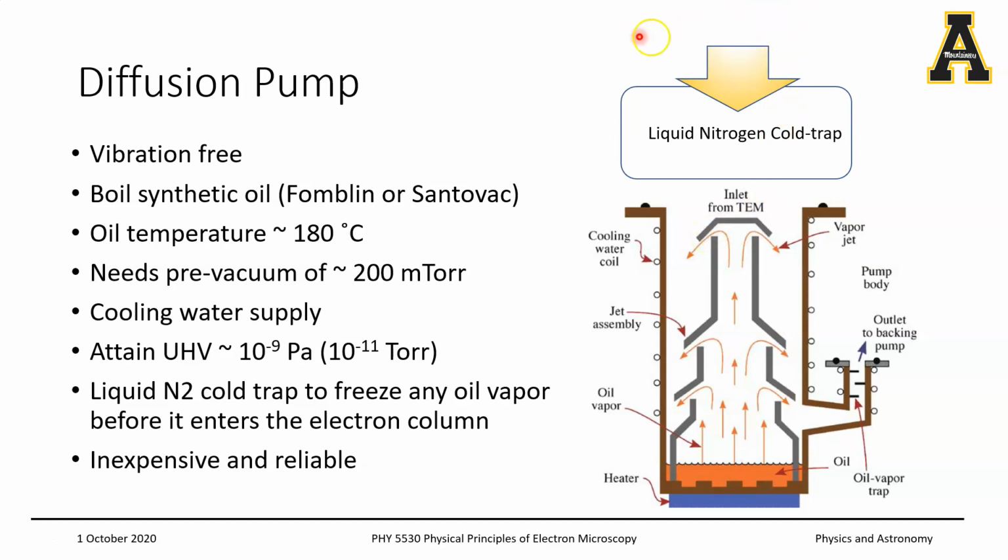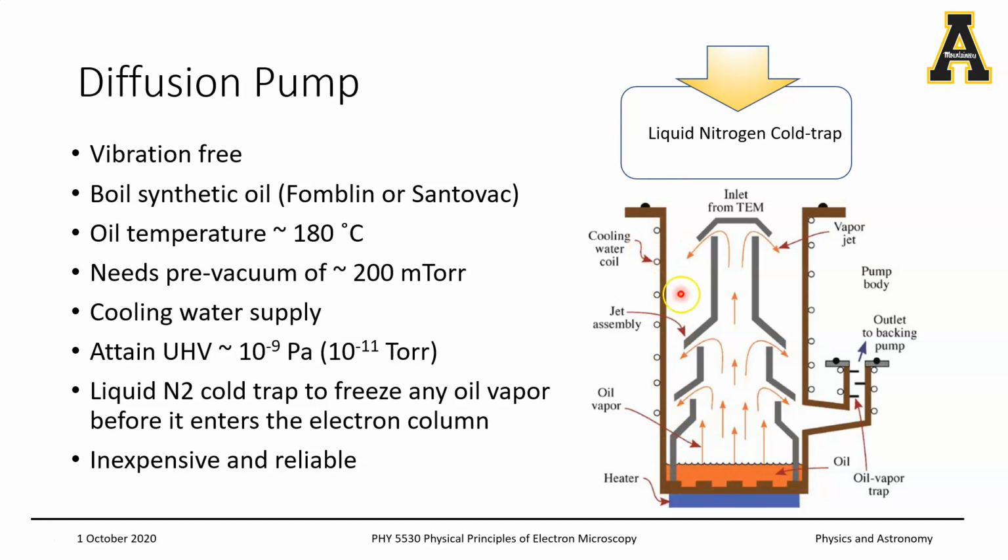Now there are these gas molecules that are drifting like that, and the moment they are hit by the oil molecules, they are immediately forced onto the surface. So they gain momentum, and they're forced onto the surface of the inner walls of your diffusion pump.